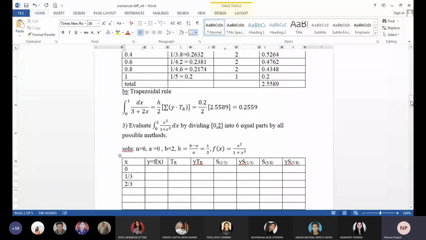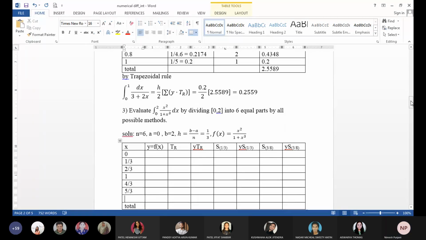Then next value of x: 1. Next: 4/3. Next: 5/3. Next: 2.